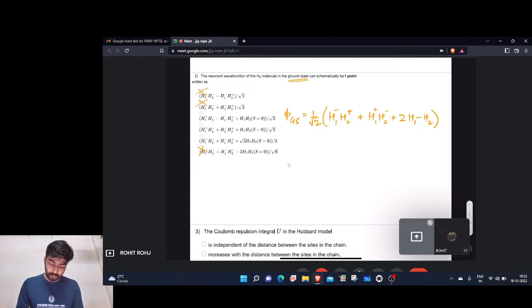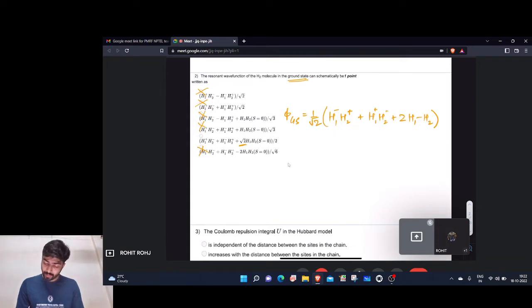Also, the normalization constant in the third and fourth is 1 by root 3, which can only be the case if we have 3 states, which is not correct because we have 4. So the normalization constant given in options 3 and 4 is not correct, and we are left with only one option, option 5, that matches ours, but the factor on the states is different.